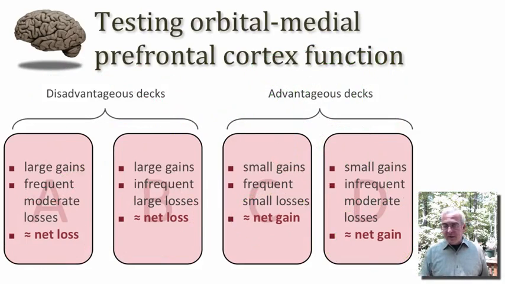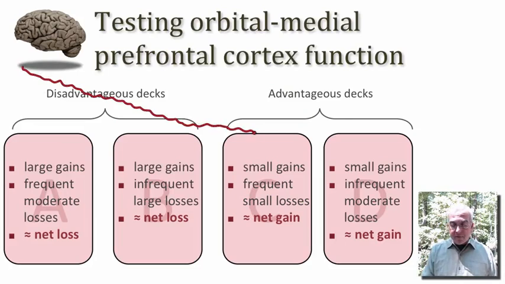Now, interestingly, what patients with damage to their orbital medial prefrontal cortex do, and also patients with amygdala damage, they tend to choose preferentially from the disadvantageous decks, and it never quite seems to go away.